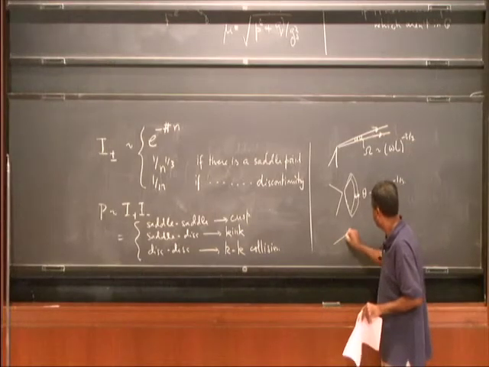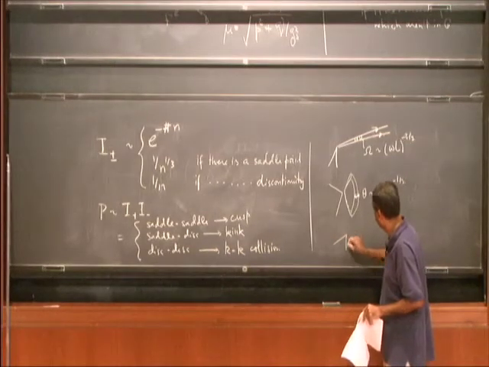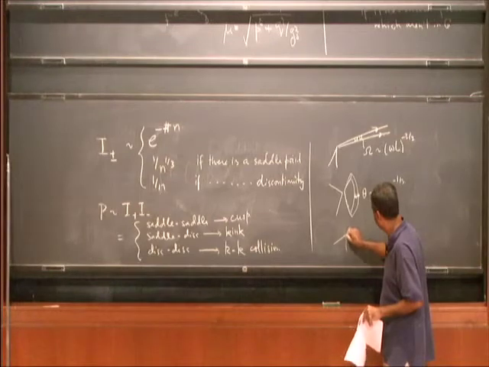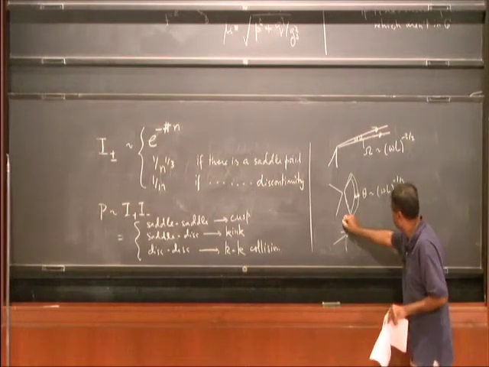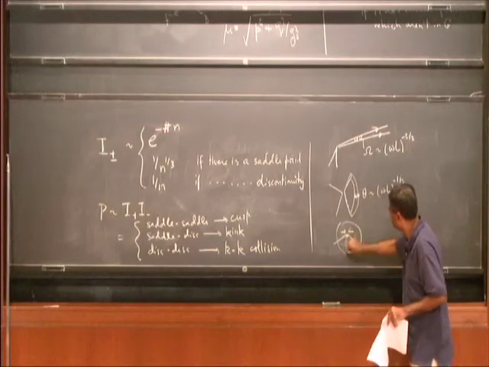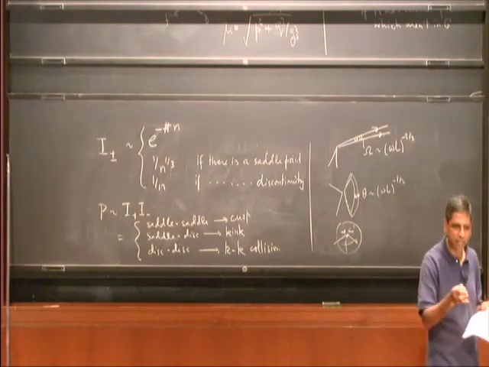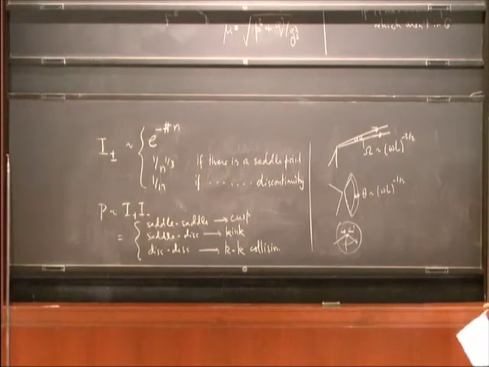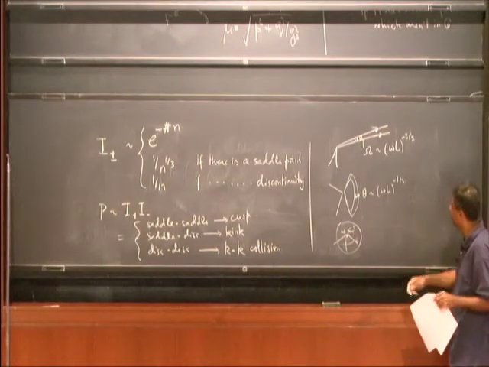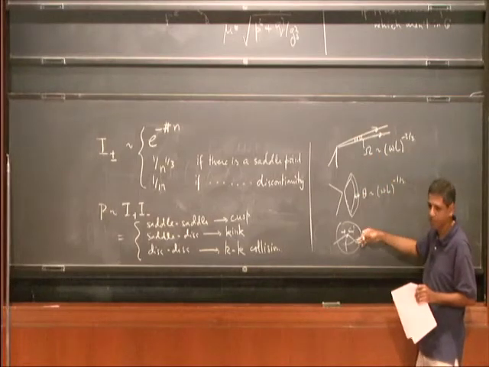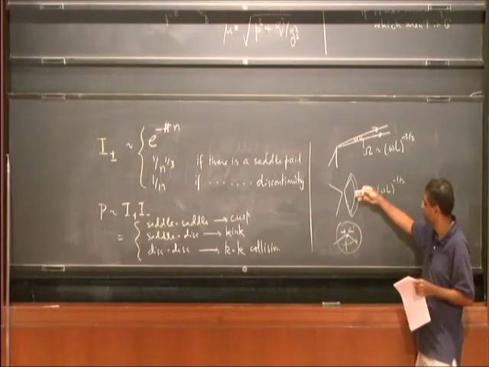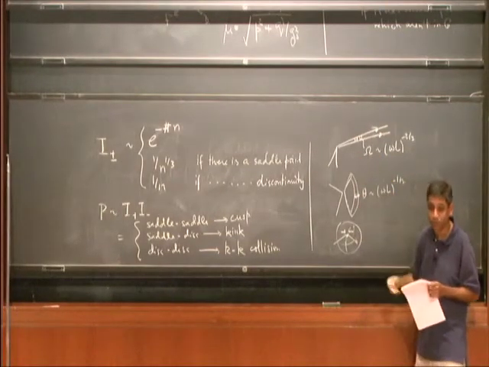And then a kink-kink collision, I don't know how to draw that because it's happening in time. The kink-kink collision is isotropic, meaning it's in all directions, it's not beamed in any direction. So the interesting string radiation is in these three forms.